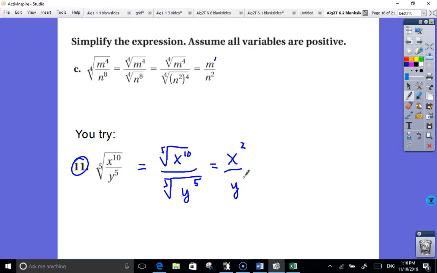Everybody get that? Right. 10 divided by 5 is 2. 5 divided by 5 is 1.